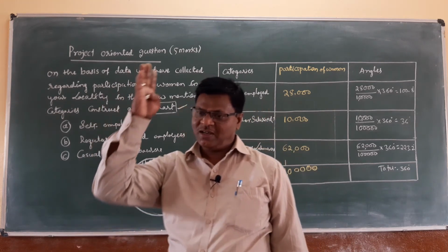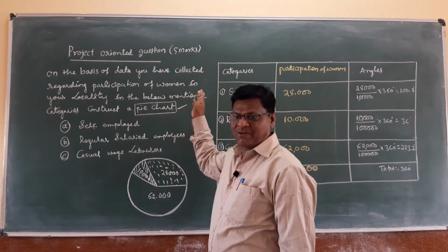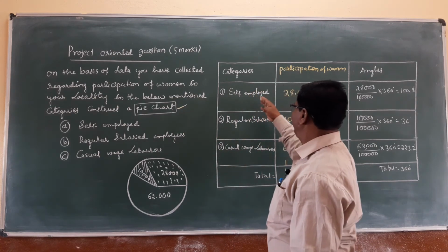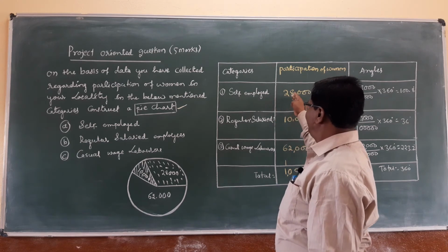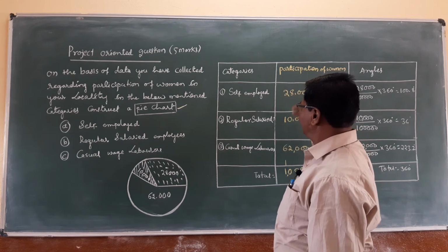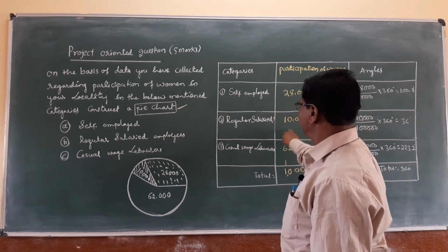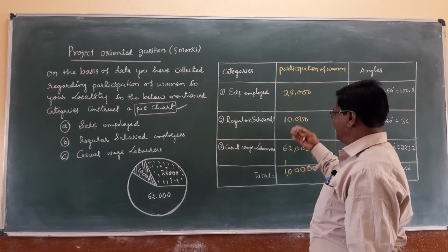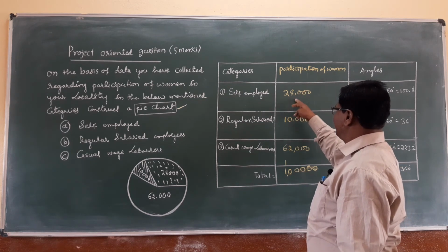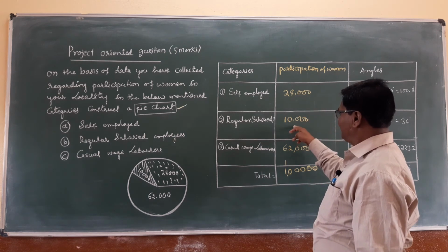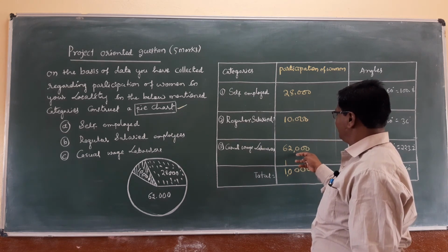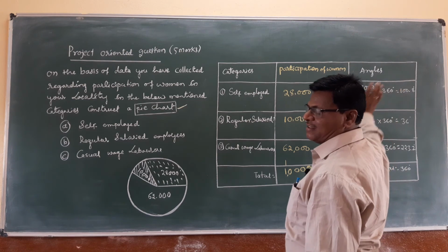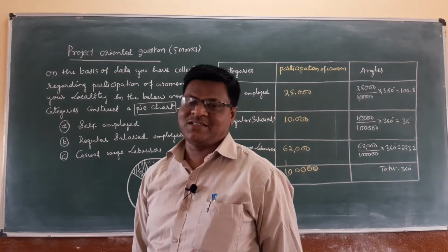Keep your own data, what you have collected: self-employed, regular salaried and casual wage laborers. Divide each by the total: 28,000 divided by 1 lakh, 10,000 divided by 1 lakh, 62,000 divided by 1 lakh into 360 degrees, and the total degrees. You have to remember to do it like this.